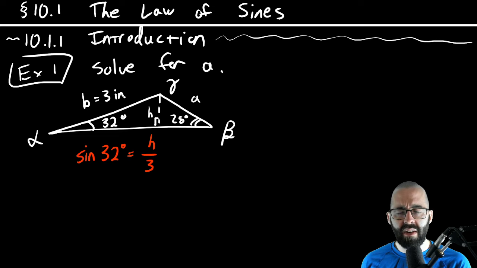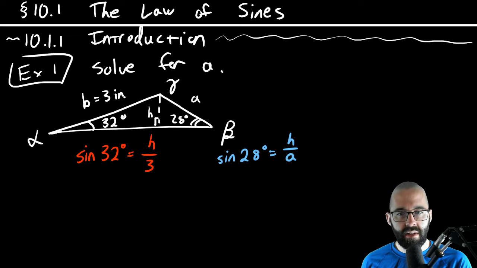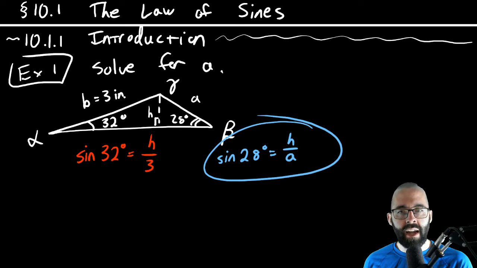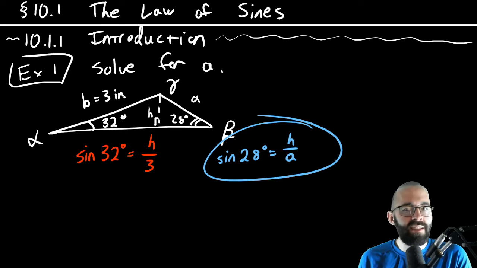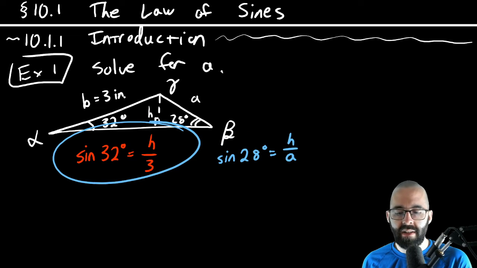Why is this helpful? We don't care about H, we care about A. It's helpful because of this blue triangle. This blue triangle says that the sine of 28 degrees is the opposite over A. So this blue triangle is really what we care about because we care about A. But the problem is this H. We need to know what H is.